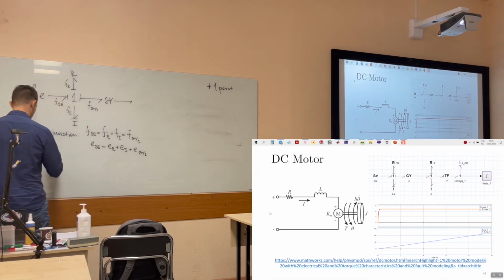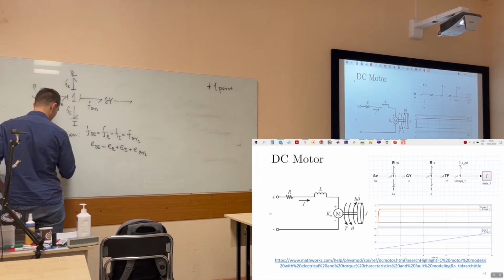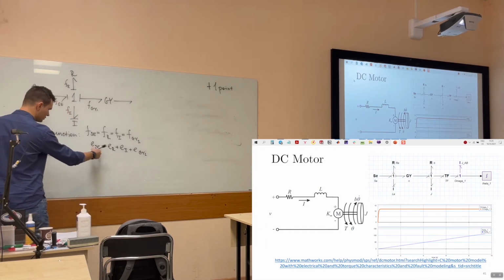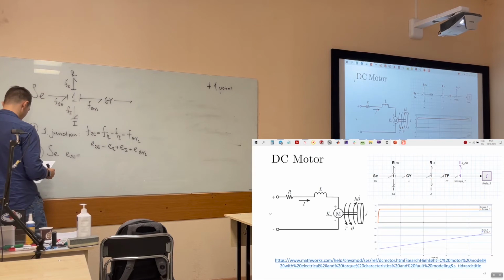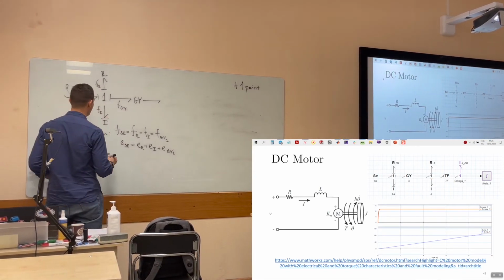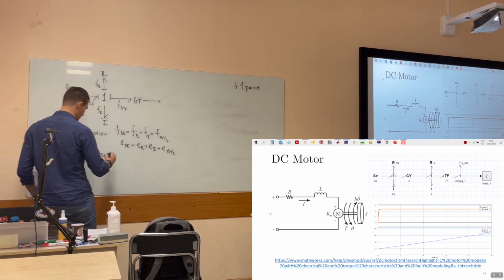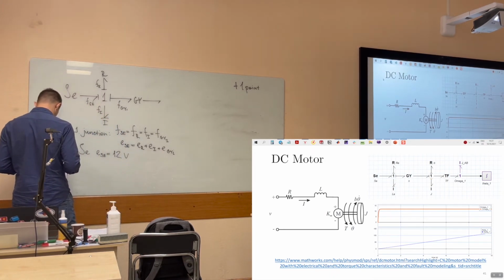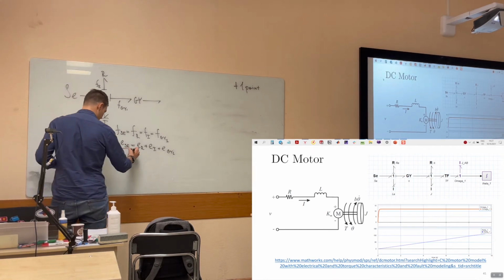We know the effort of the source of effort, since we just write it down there. So let us assume that for our example it will be 12 volts. So we do know this stuff.